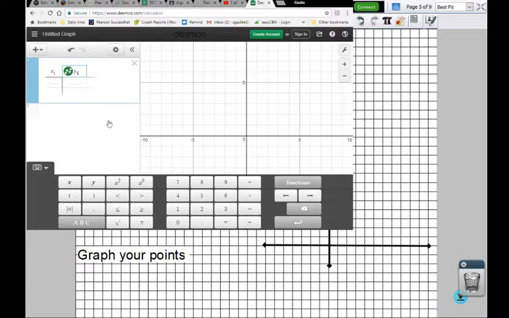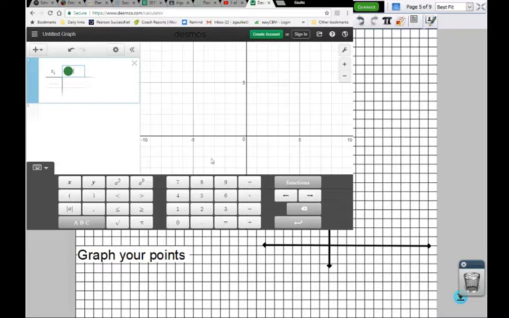So before we go through and actually do our table here, we're going to have to do a couple of things real quick. So, the equation we are graphing is 3 times 2 to the x. I need to tell Desmos to graph that. So what I'm going to do is, you see where it says y1? Delete the y1.